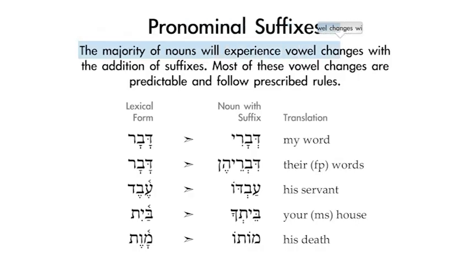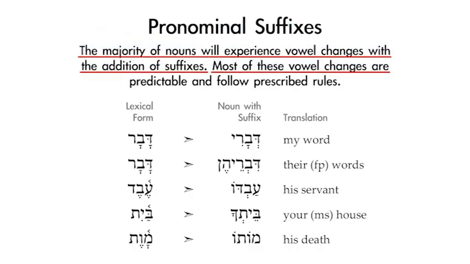Now, the majority of nouns will experience vowel changes with the addition of suffixes. Most of these vowel changes are predictable and follow prescribed rules, as the examples below illustrate. If you've been tracking in the grammar with how we've been presenting the material, you've learned in Chapter 3, for example, the 5 rules for vowel preferences inside certain syllables. You've learned about propretonic reduction. You've learned about rule of schwa 1, rule of schwa 2.